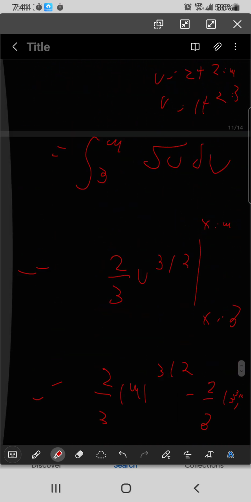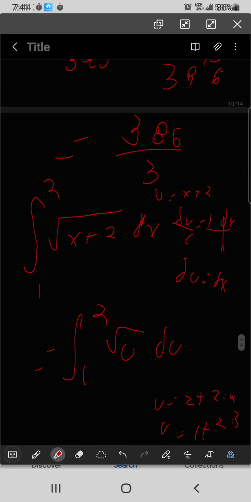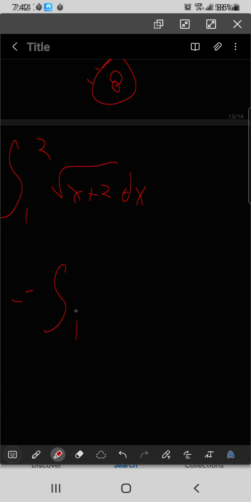Now, let me see. I'll use the power rule to do this now. If we use the power rule, you're going to get the integral from 1 to 2 of (x plus 2) to the 1/2 dx. As you can see, it's going to be pretty hard to solve this.